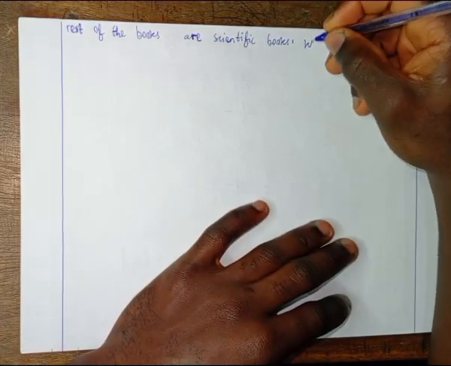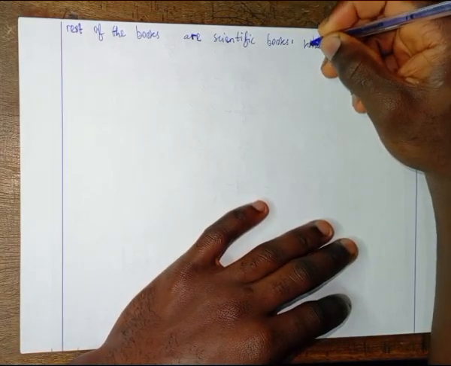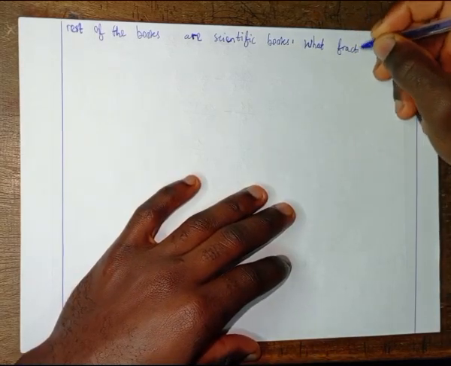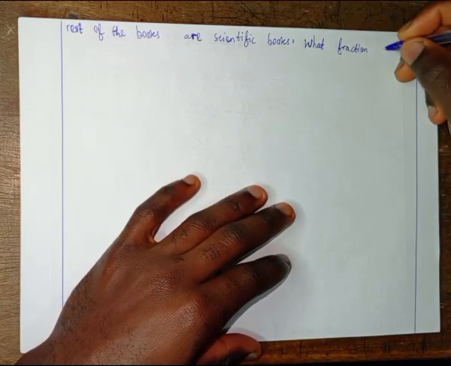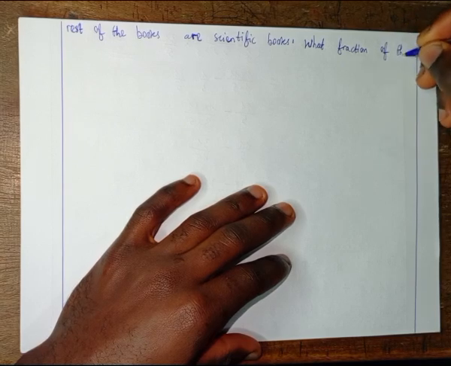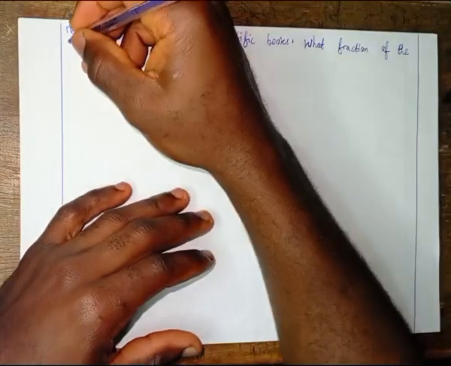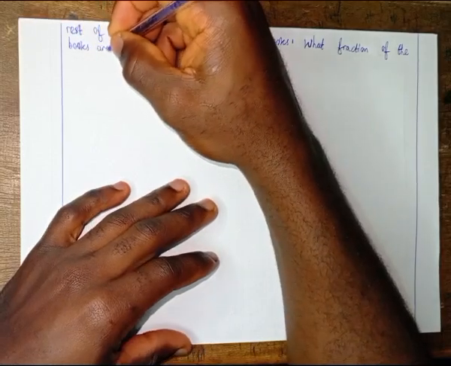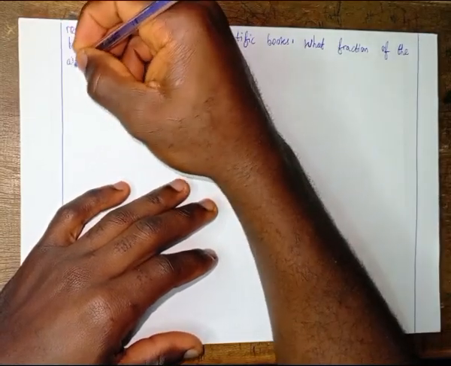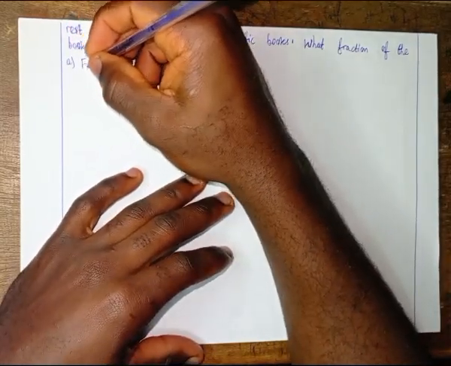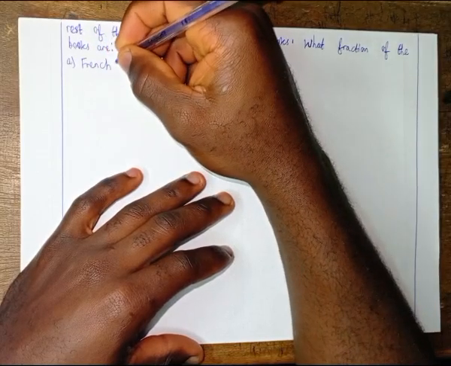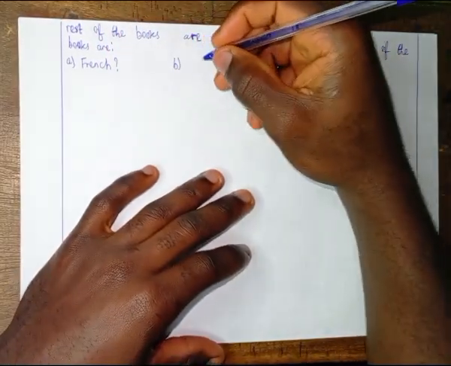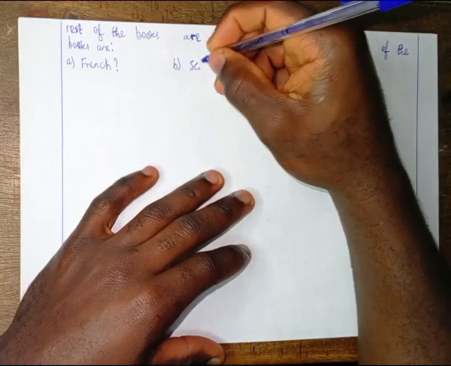Full stop. What fraction of the books are, question A, French? What fraction of the books are French? Question B, scientific.